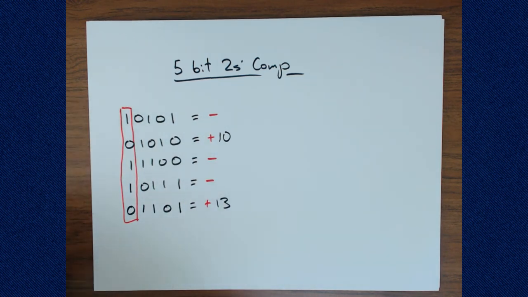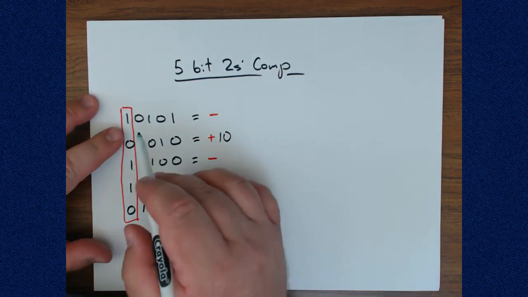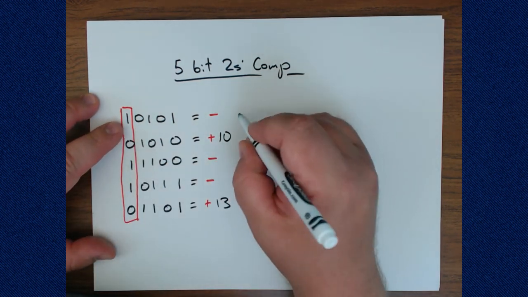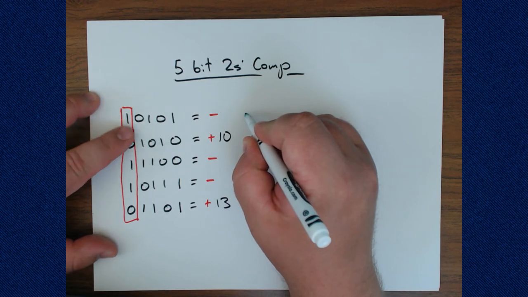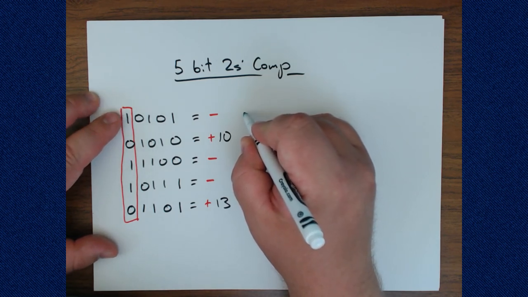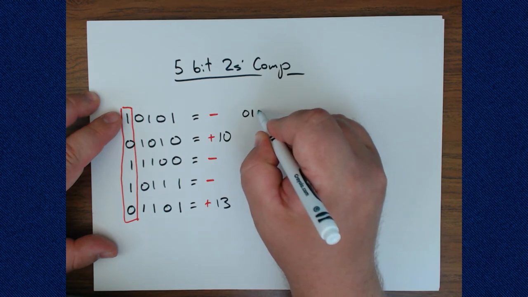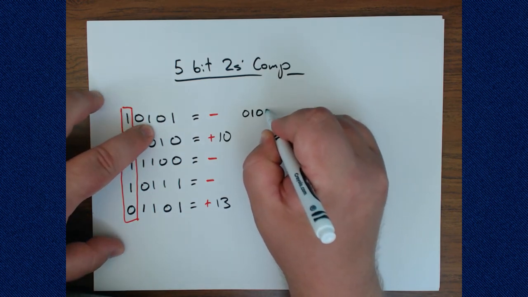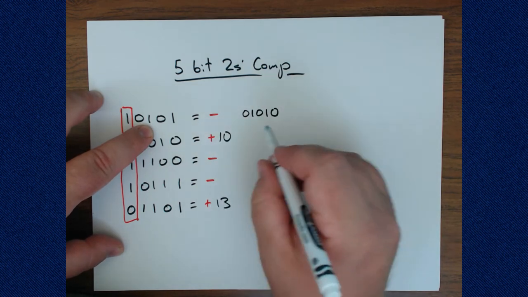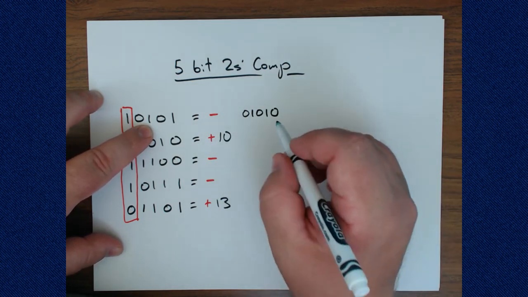So to do that, we are going to take the inverse of this bit pattern, which is the 1's complement. So that'll be 0, 1, 0, 1, 0. And then we're going to add 1 to it.